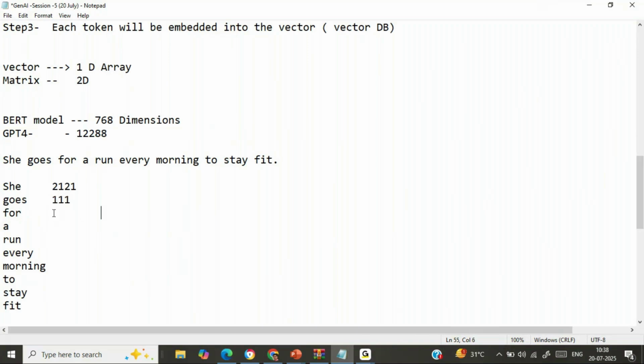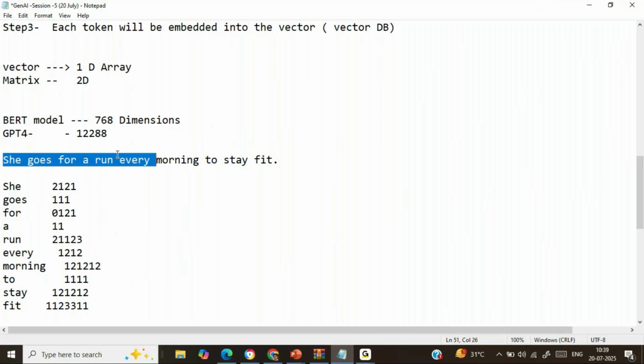I'm just mentioning certain tokens. So these are the tokens. First I had the sequence of tokens, and then I did the tokenization.